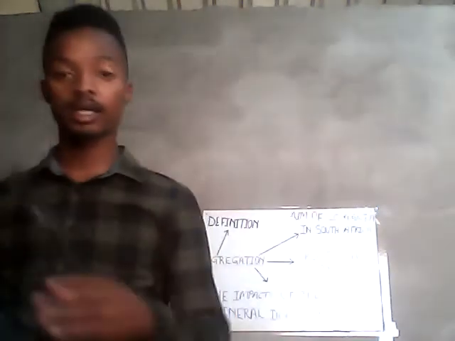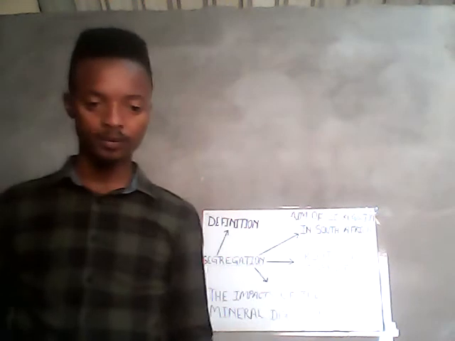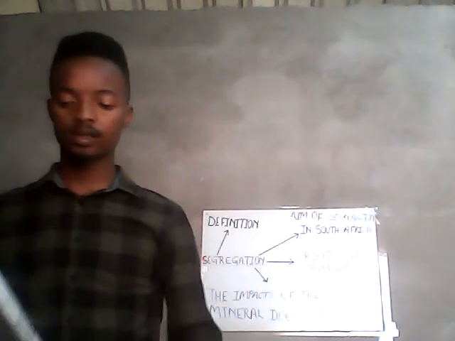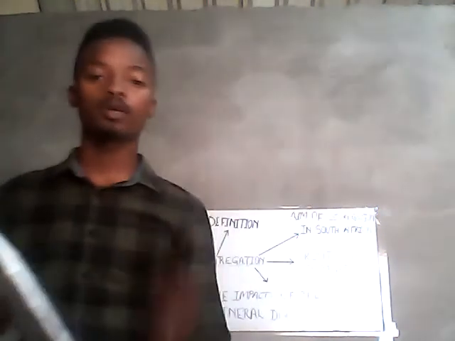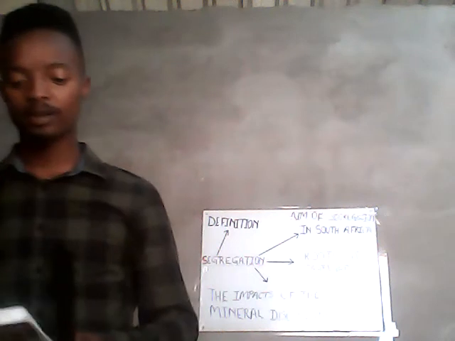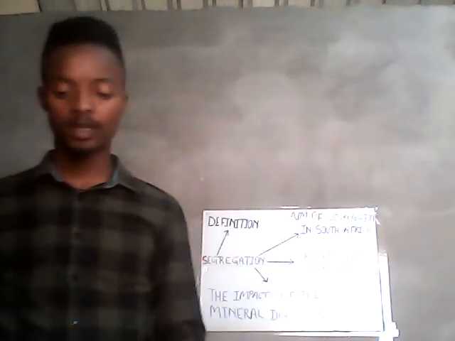So, segregation that took place between the three races after the formation of the Union. Which Union? We're talking about the Union of South Africa, right? So we're going to start there on the Union of South Africa. That's the main focus right now.